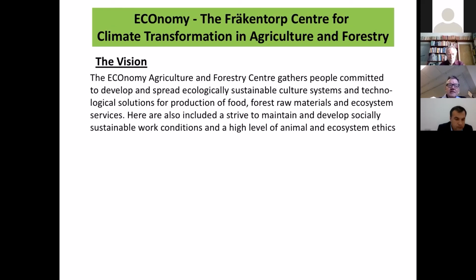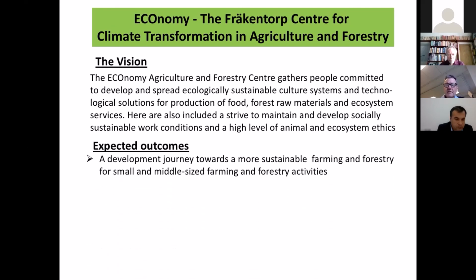And in this vision, we have also included that we would like to develop different types of ethical consideration, so that as much as possible there are sustainable work conditions and also a high level of animal and ecosystem ethics. What we hope to get out of this is a development journey, and that is something we have in the company where I work, EcoLoop.